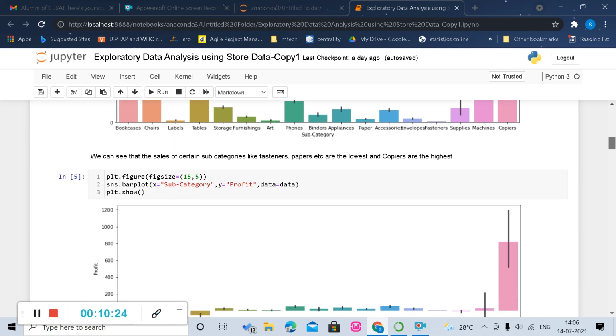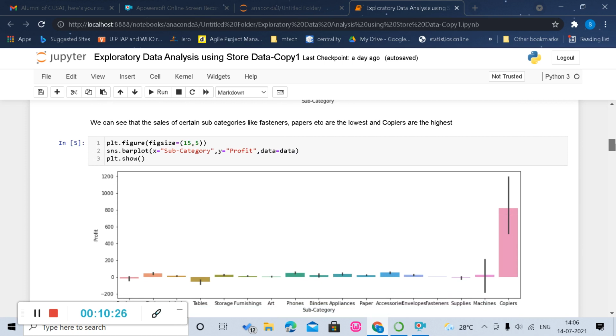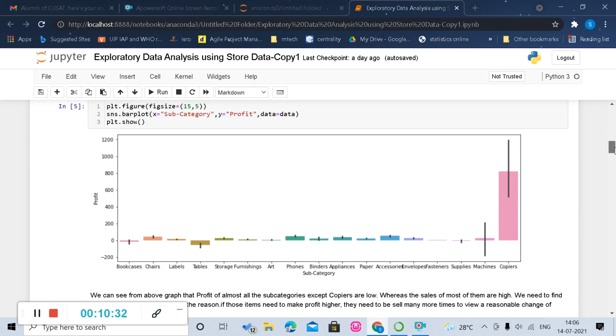Coming to the next bar plot, that is of subcategory and profit. These are the two values taken here. On the x-axis you have the subcategories again, but here I have taken the profit. You can see there is some negative profit, that is, loss also happening somewhere, like machines, tables, bookcases.